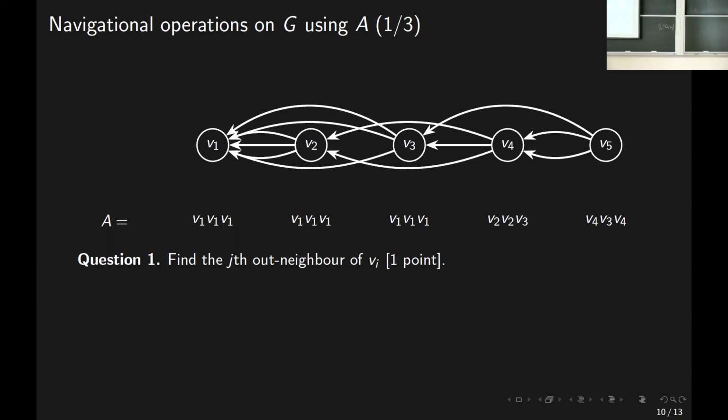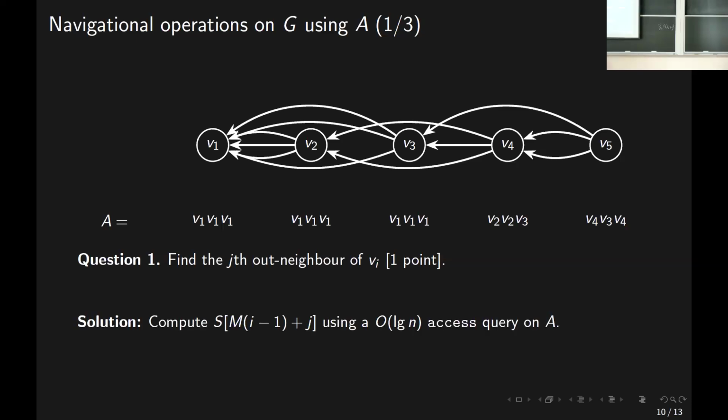We only have to jump to this position in the string and shift j times to the right, right? So we just compute the value at that position in the string. Sorry, it's actually meant to be A here, not S. Sorry about that.